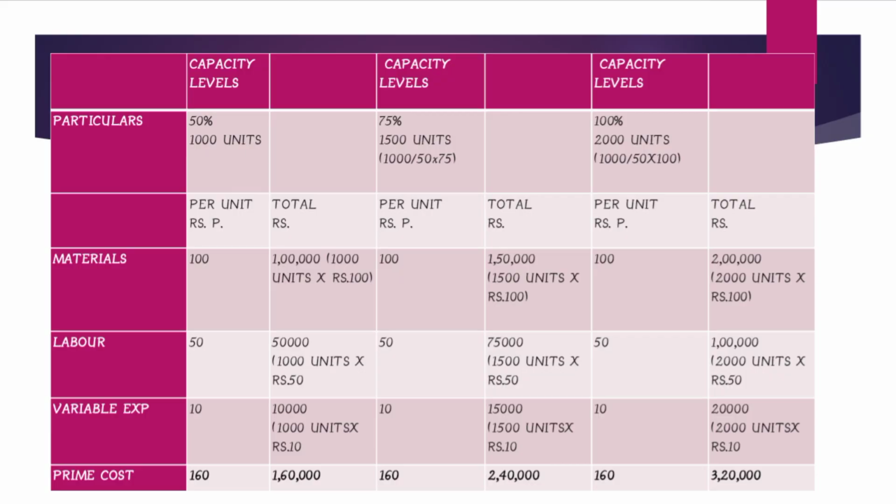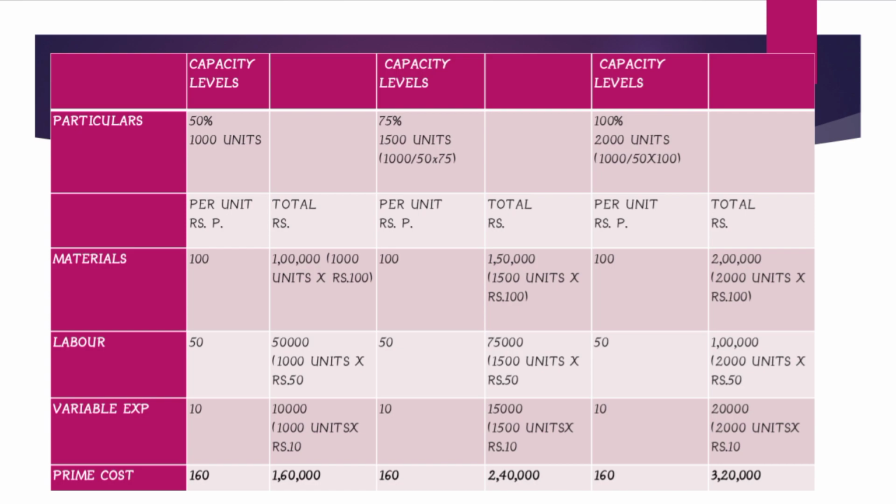So here is the solution. First we have to give the particulars and the capacity levels given in the sum. They have given that for 50% capacity level, it will be 1000 units. With that we should find out for 75% and for 100%.